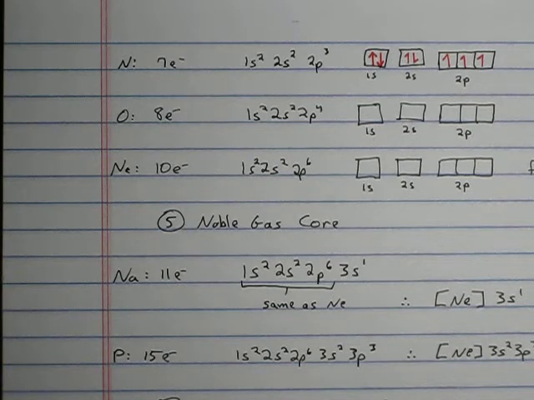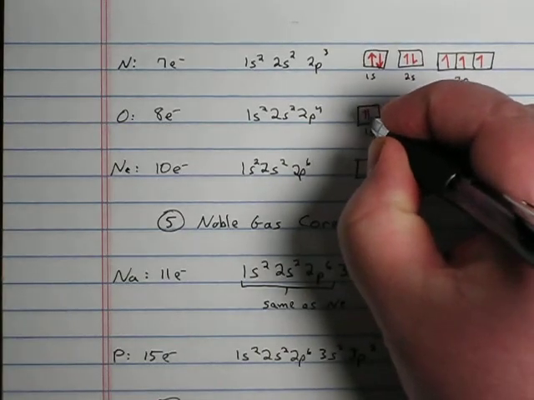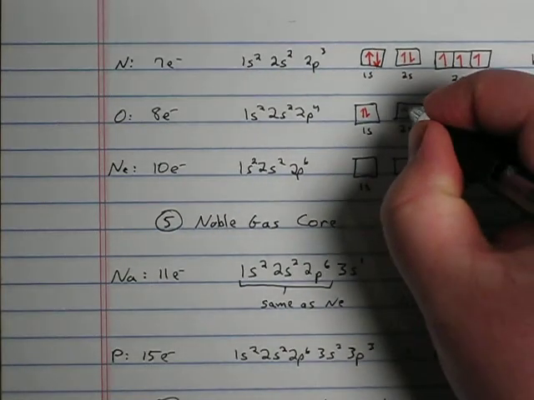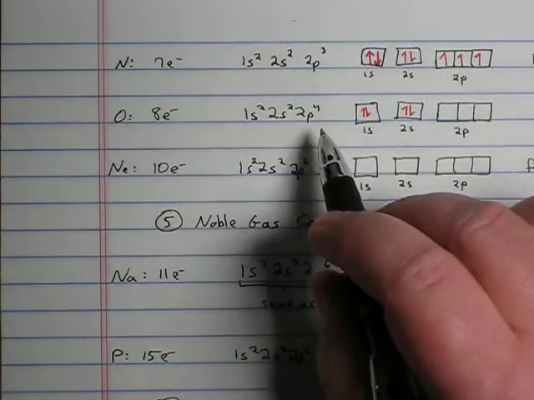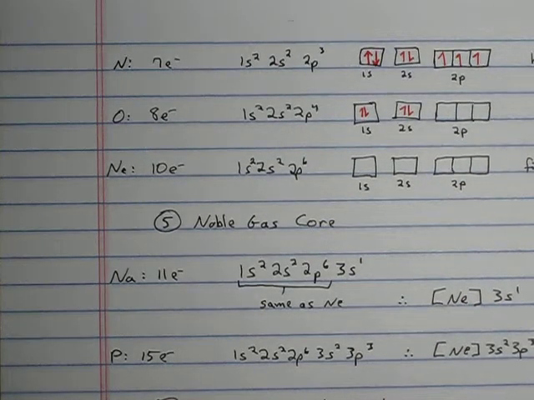Let's move to oxygen now. The electron configuration for oxygen is 1s2, 2s2, 2p4. Well, 1s2, 1, 2, 2s2, 1, 2. How do I put in my 4 electrons? You could probably think this through and have a good idea of where they go before even writing anything down, but I am asking you, you'll thank me later, always do it this way.